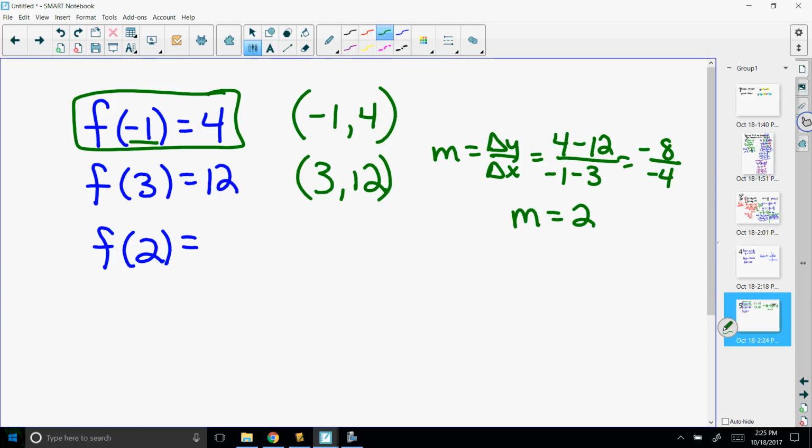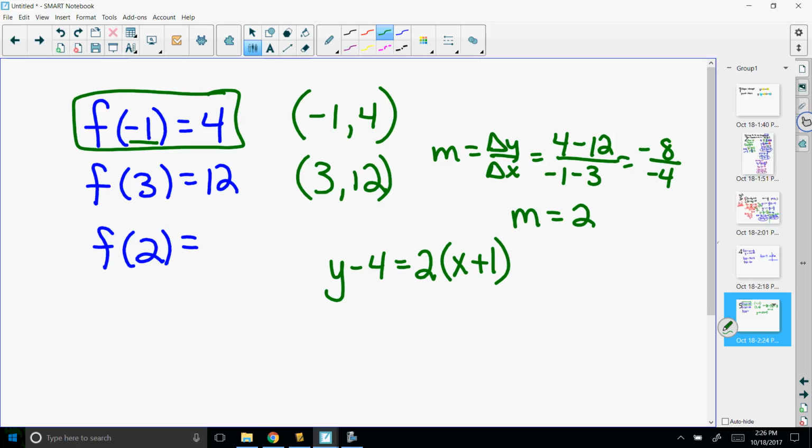So what's an equation? y minus 4 will work, equals 2 times x minus -1, which means +1. See how I do the minus -1? What did they ask for?